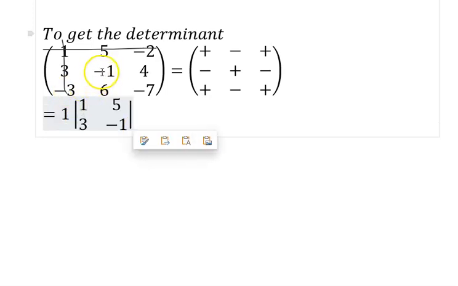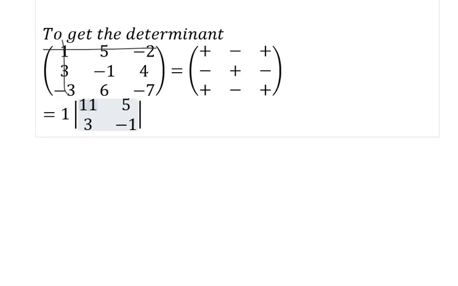Beautiful. So what do we have left? Minus 1, 4, 6, minus 7. That's what we have left.